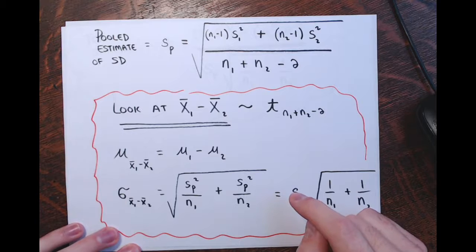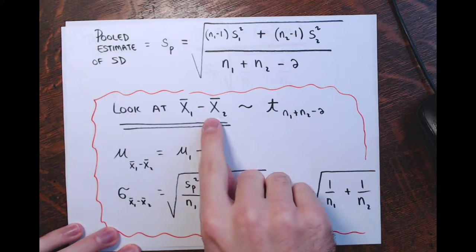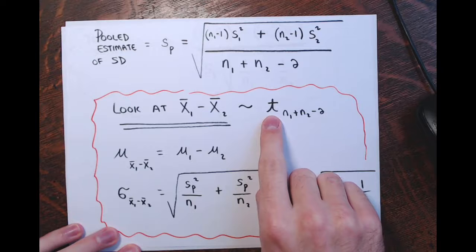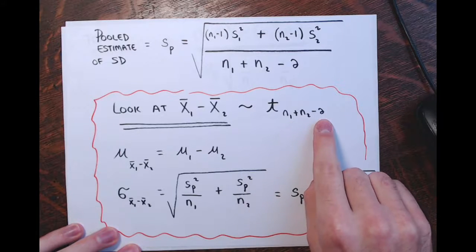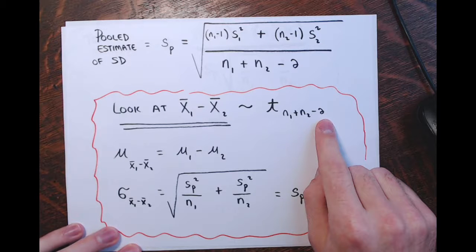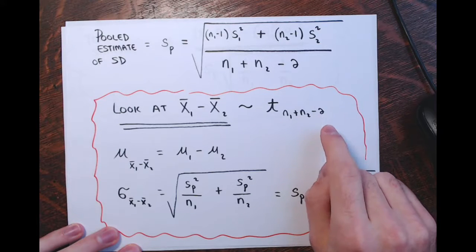And in this pooled scenario, x1 bar minus x2 bar will have a student's t-distribution with n1 plus n2 minus 2 degrees of freedom. Remember, this is different than the non-pooled scenario, where it was the smaller of n1 minus 1 and n2 minus 1.